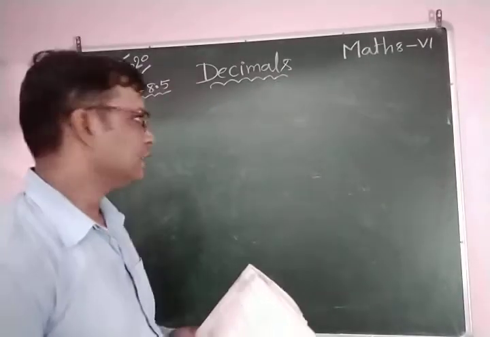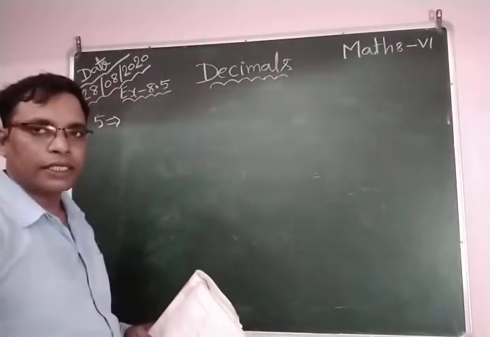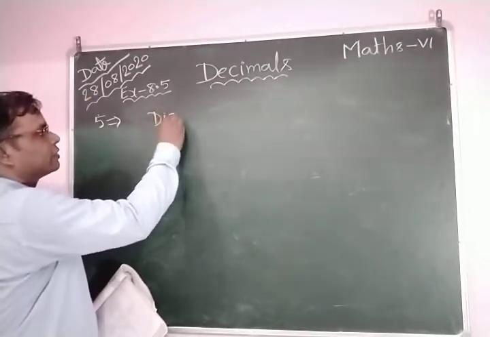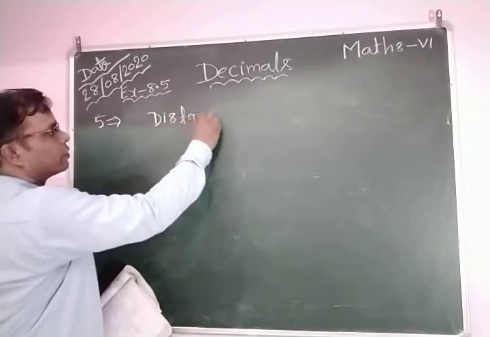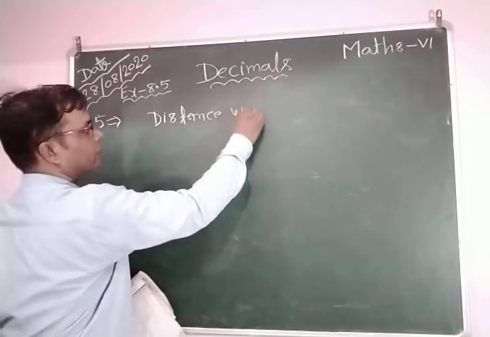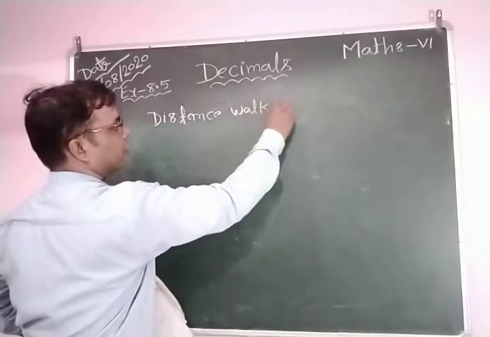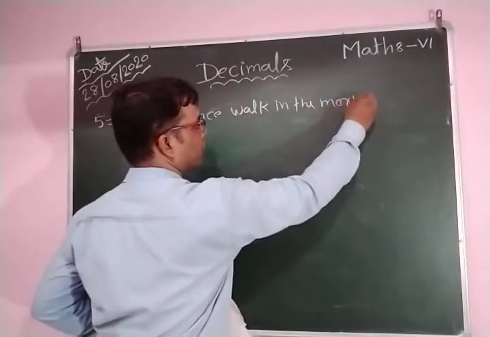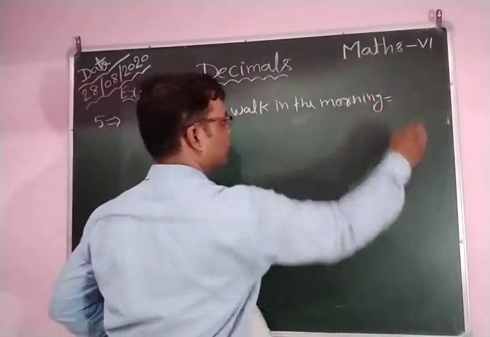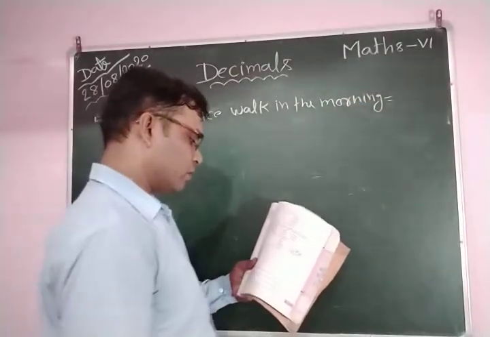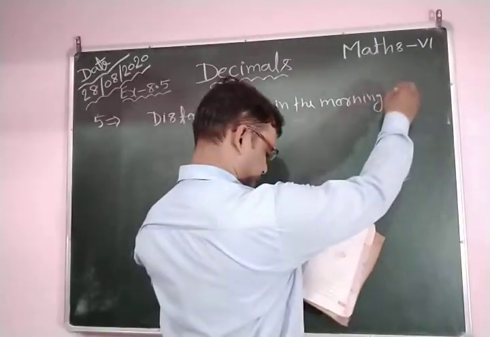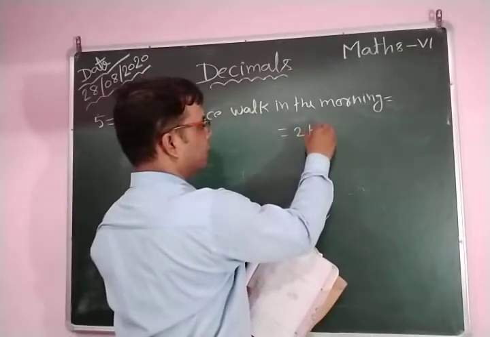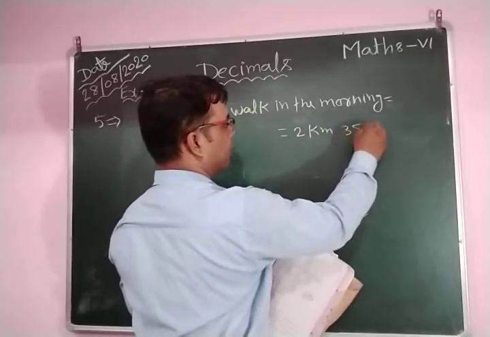In this question, the distance walked in the morning is given: 2 kilometer 35 meter.